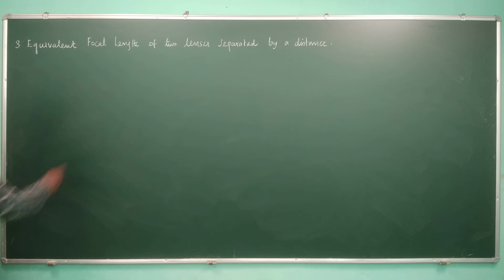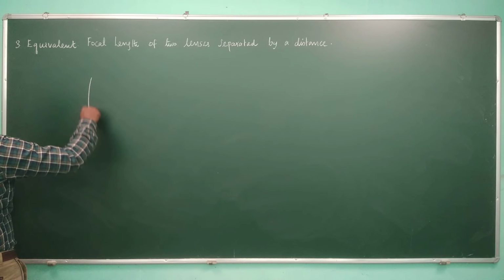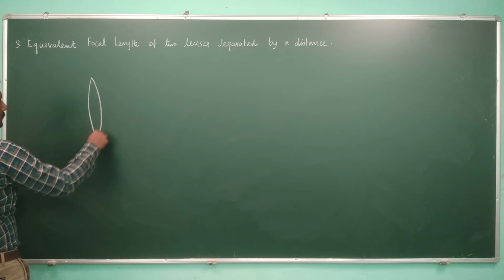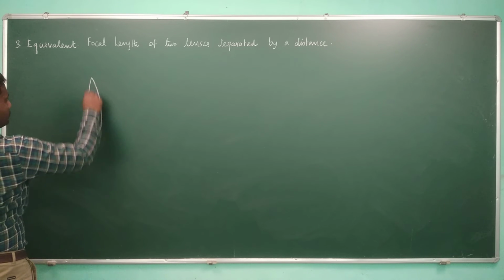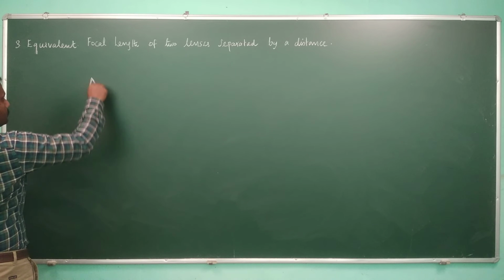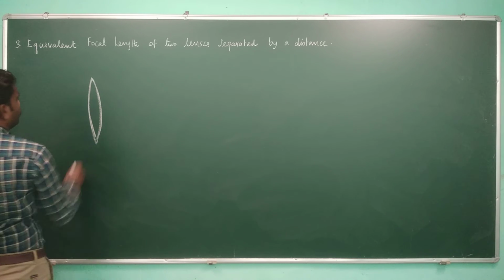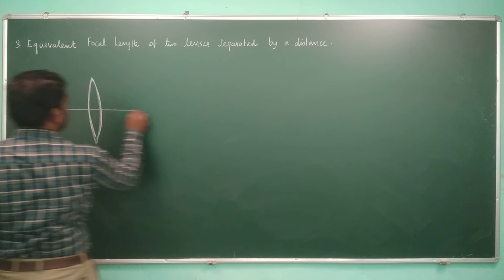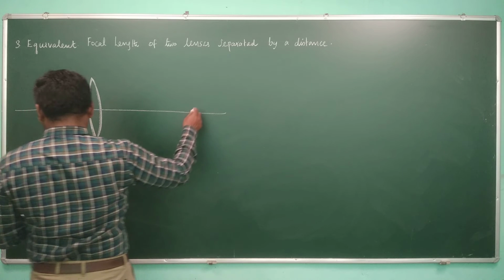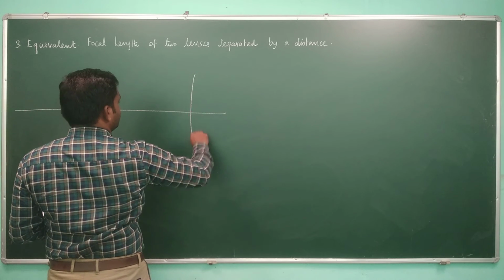Now let us draw a lens like this, and there is an optical center here, and we will draw another lens here.